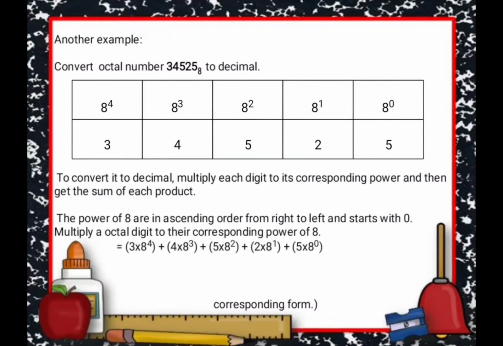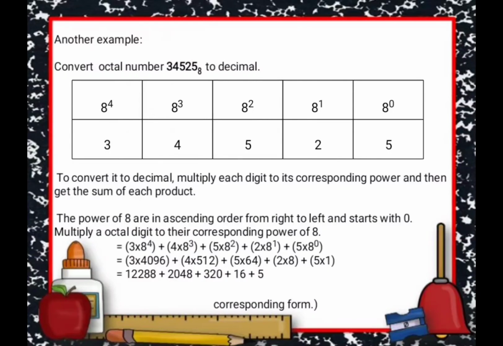So let's get their answer. So we have 3 times 4096 plus 4 times 512 plus 5 times 64 plus 2 times 8 plus 5 times 1. So we will get the product of each.